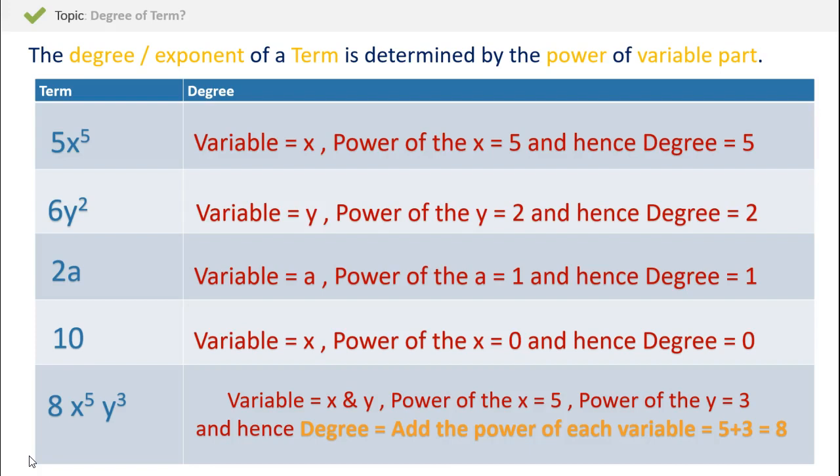In this case, it's 5 plus 3 equals 8, and hence 8x to the power 5 y to the power 3 has a degree of 8.